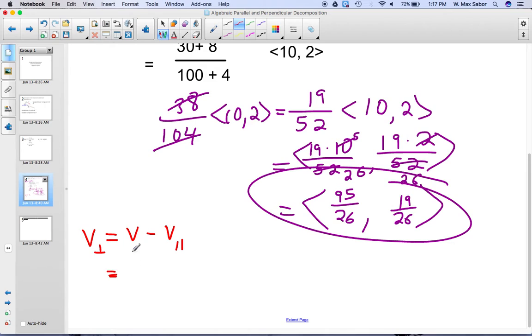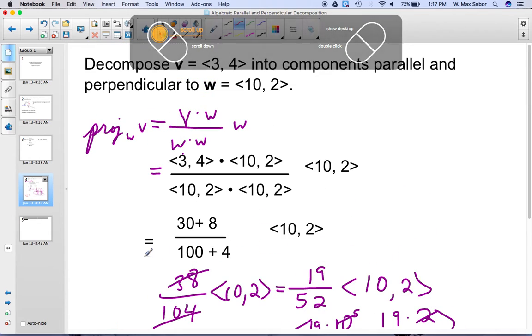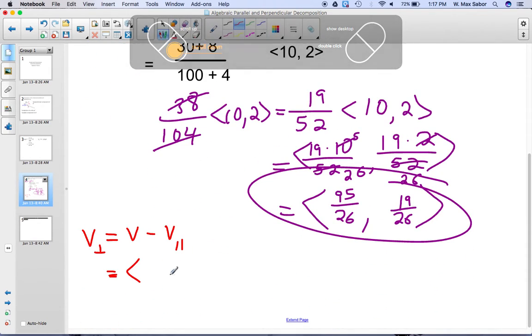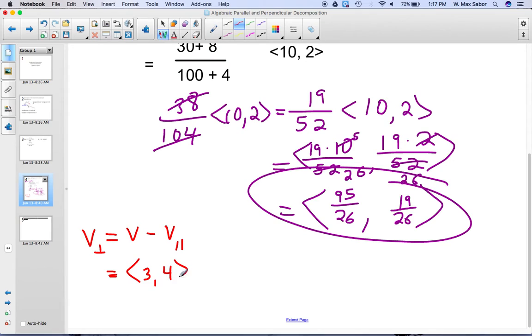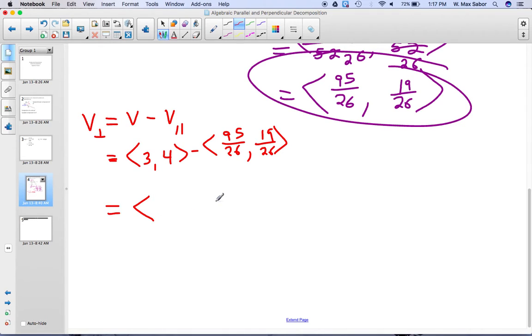So the original vector was (3, 4), and I'm going to subtract out (95/26, 19/26). Let's get a common denominator. 26 is going to be our common denominator. So this is 78, and that is 104, minus 95 over 26 and 19 over 26.